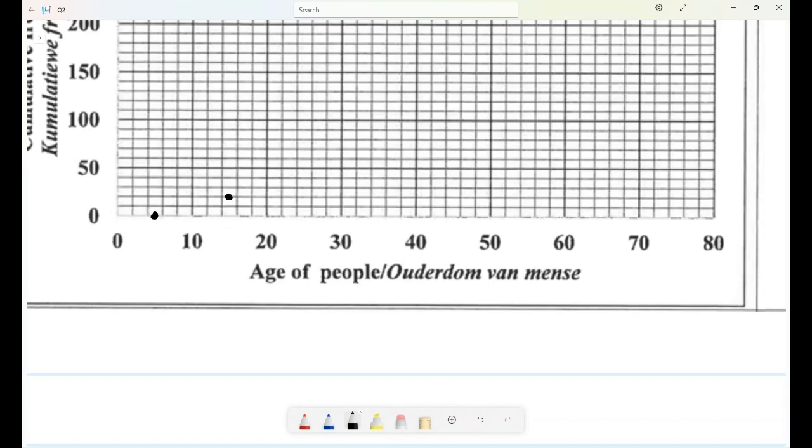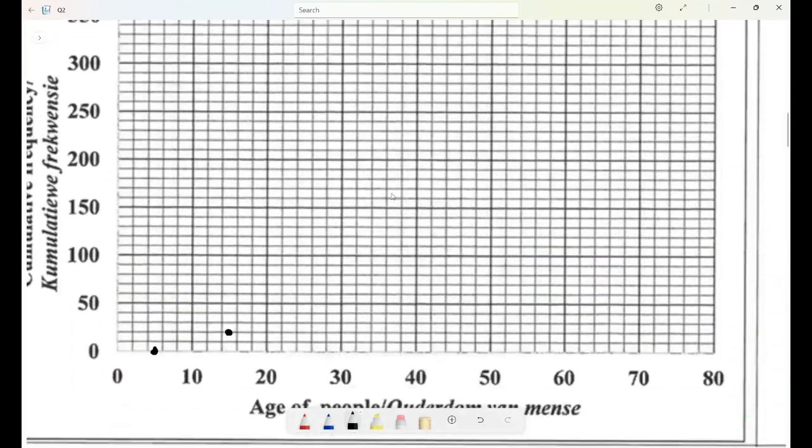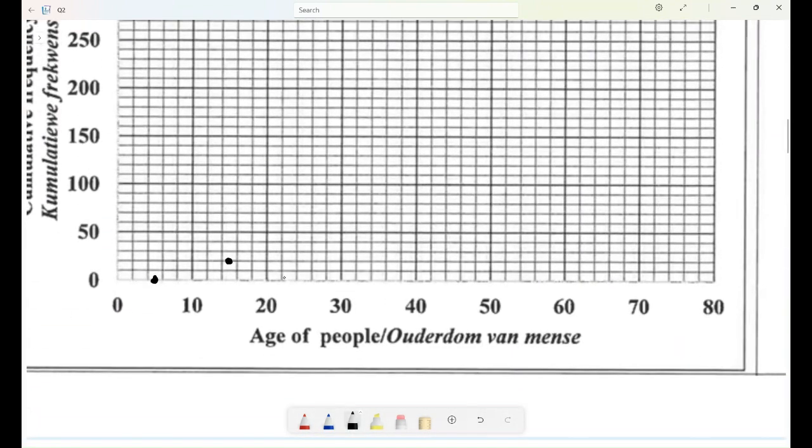Then I have 25 and 45. Where is 25? The scaling here is 22, 24, 26, 28, 30. So 22, 24, 25 is here.